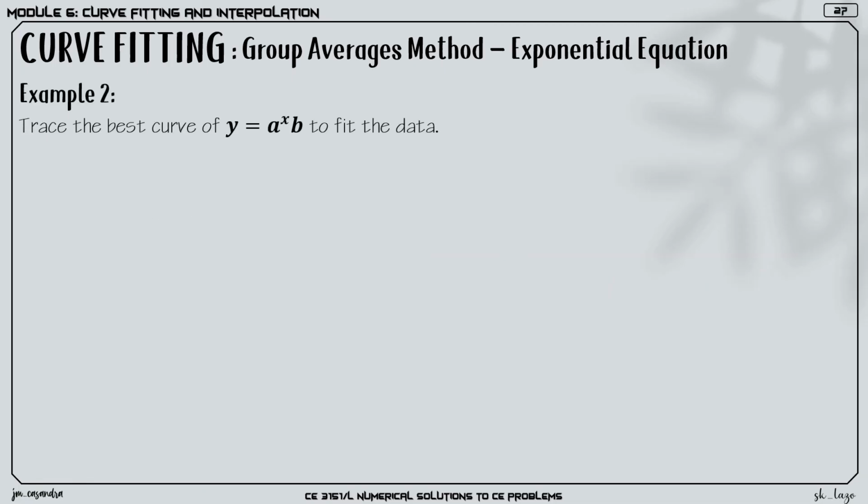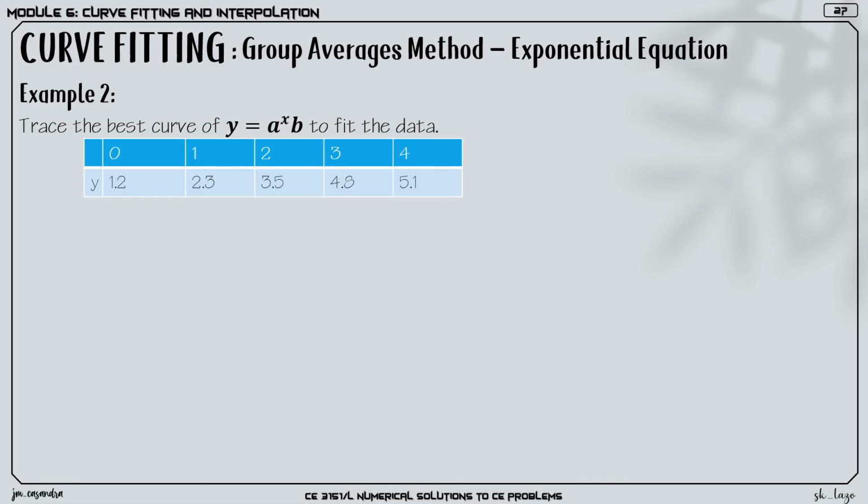So here is another example of the exponential equation, an application of the group averages method. For the given data, we determine the best curve that would fit the equation y equals a^x times b.